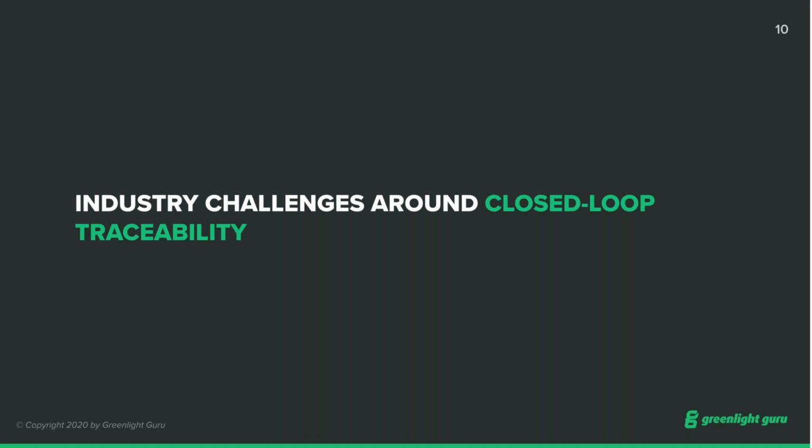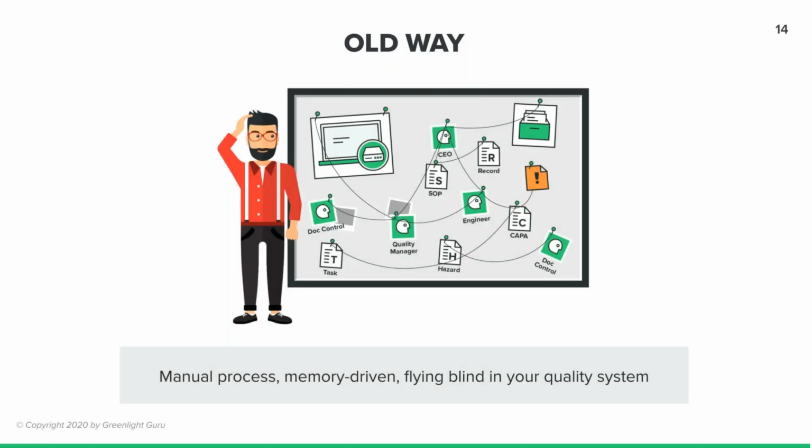Now we'll talk a little bit about some of the industry challenges around closed loop traceability. Many of us have worked in a paper system before. It can be very complicated to find things. And as we said before, a lot of the things are in silos. And so your manufacturing group does their thing, the development team does their thing.